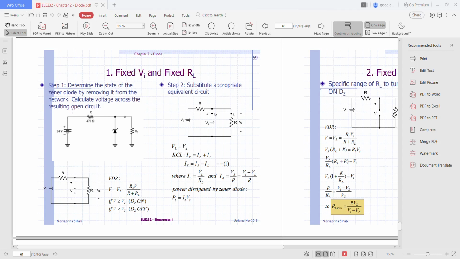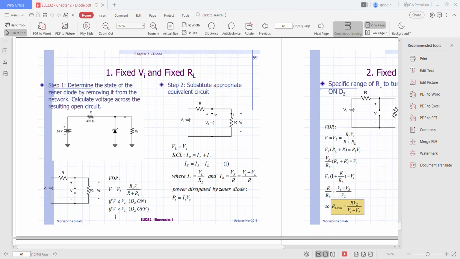by applying step 1 to the network, an application of the voltage divider rule results in V equals VL equals RL Vin over R plus RL. So the condition is, if V is greater than or equal to Vz, Zener diode will be on.